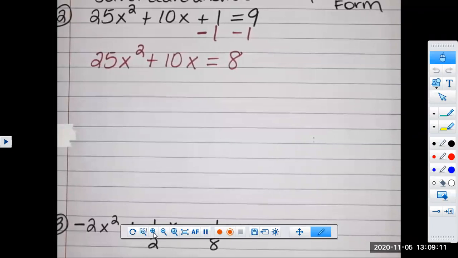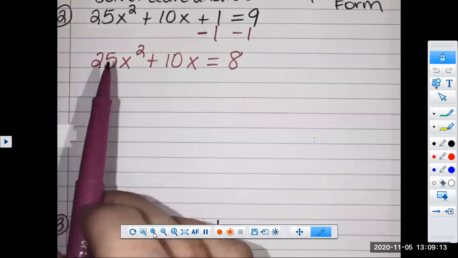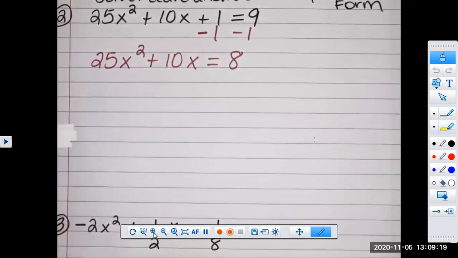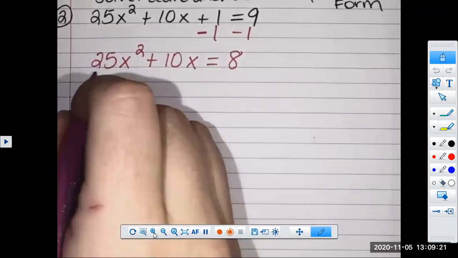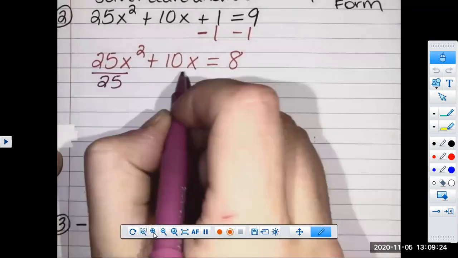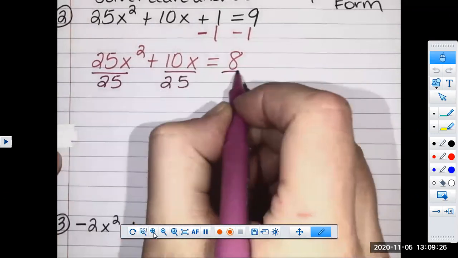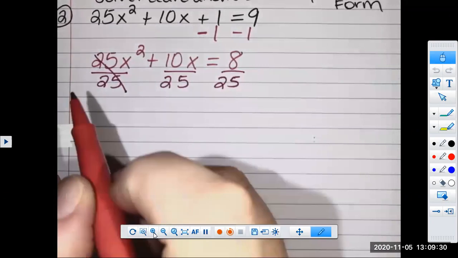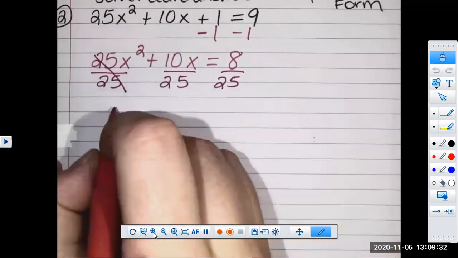The other part of step 1 was to make sure that x squared has 1 in front of it. So you need to go through and divide by what? 25. And we have your favorite thing left in this problem, which is fractions.